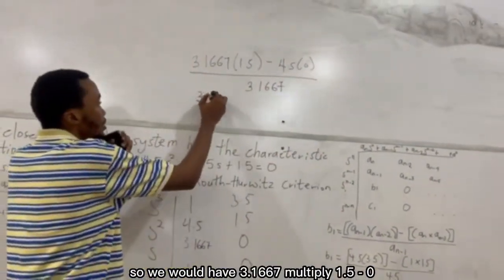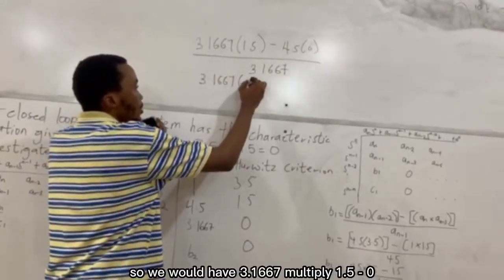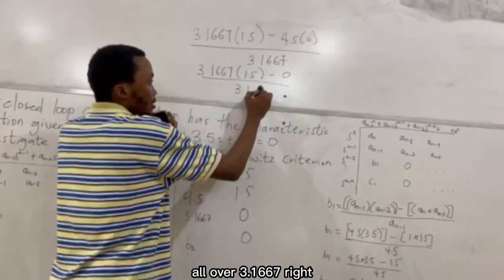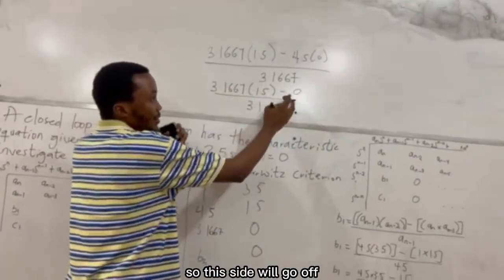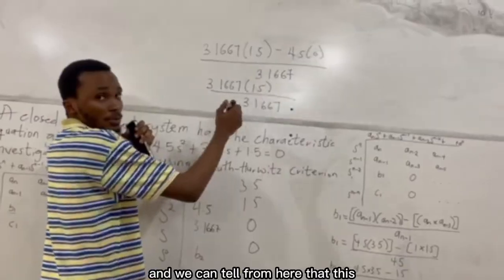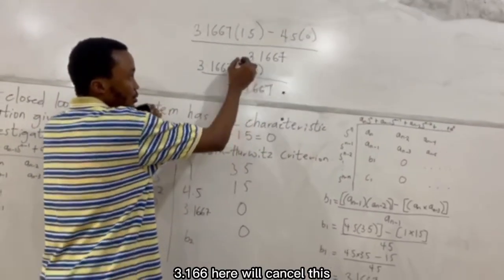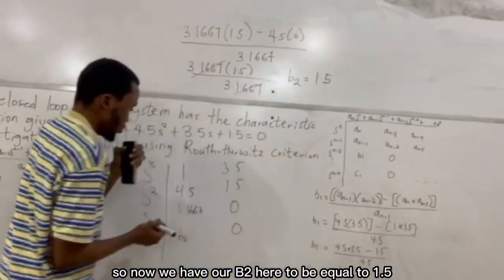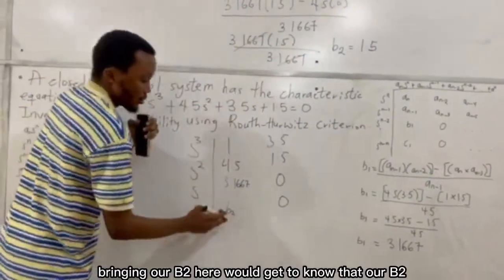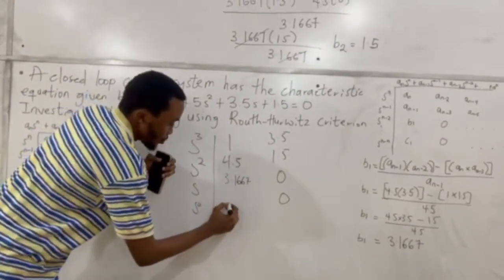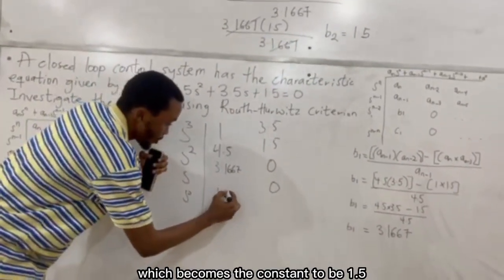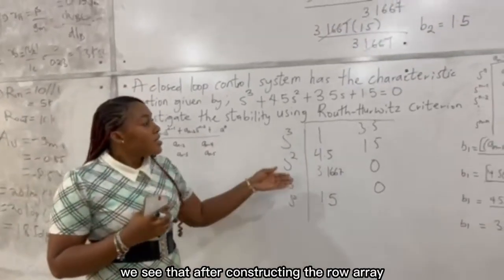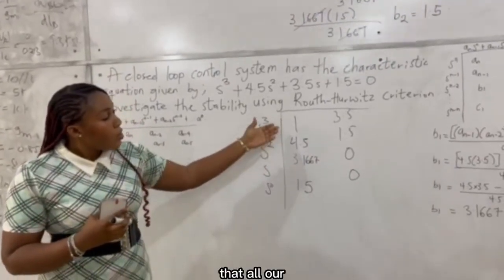So we would have 3.1667 multiplying 1.5 minus 0 all over 3.1667. Right, so this side will go off. And we can tell from here that this 3.1667 here will cancel this. So now we have our B2 here to be equal to 1.5. So now bringing our B2 here, we would get to know that our B2, which becomes the constant, is 1.5.